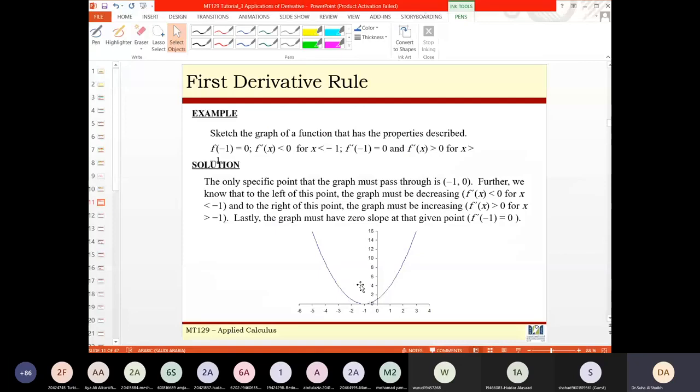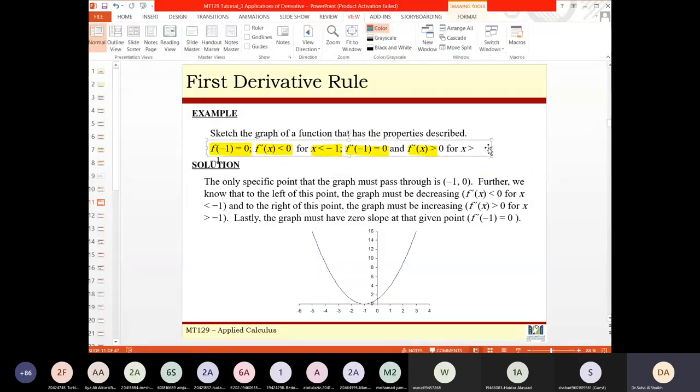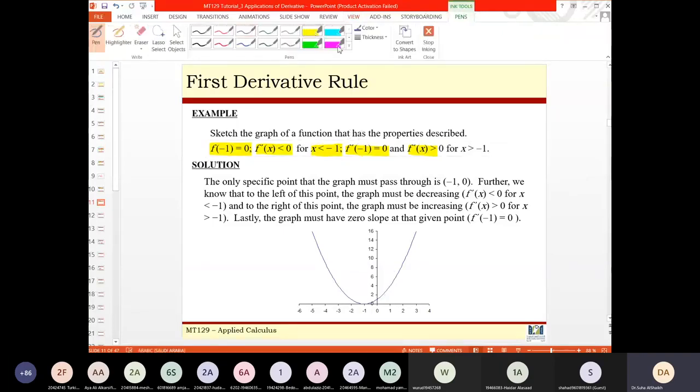So applying the first derivative rule, for example: sketch the graph of the function that has the properties described. f at -1 is equal to 0. f dash is negative for all the x's less than -1. f dash at -1 is 0. f dash is positive for x greater than -1.